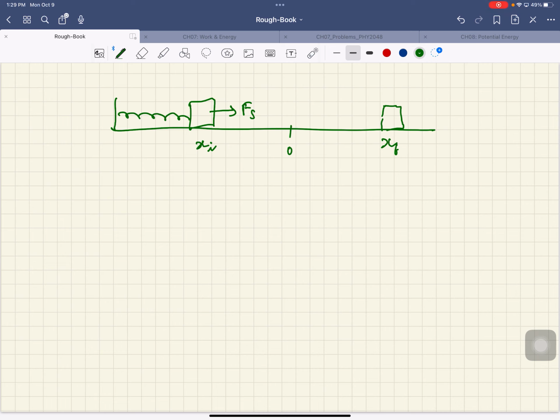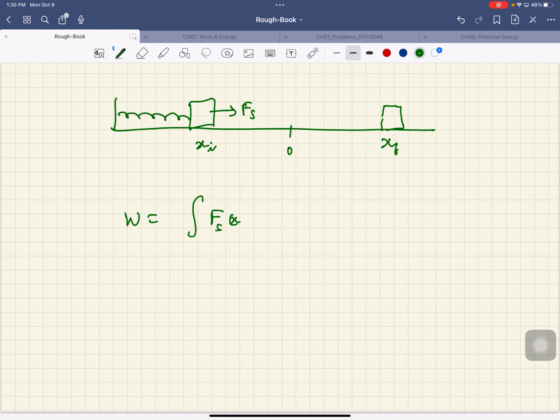Okay, so the work done by the spring force when the object goes from this initial spot to that final spot. What you've done is this mass was compressed and then the mass is going from here to there. And what you're trying to calculate is the work done by the spring force when the mass goes from here to there. And what is that work done?